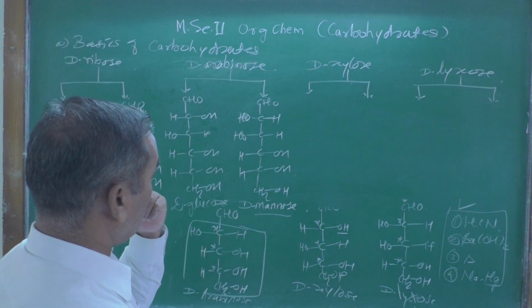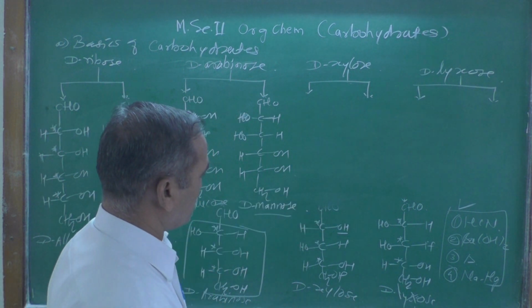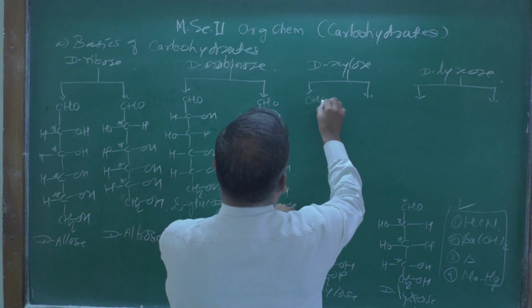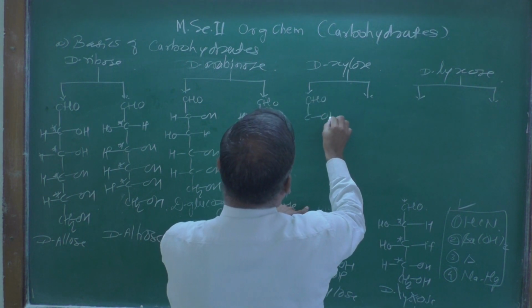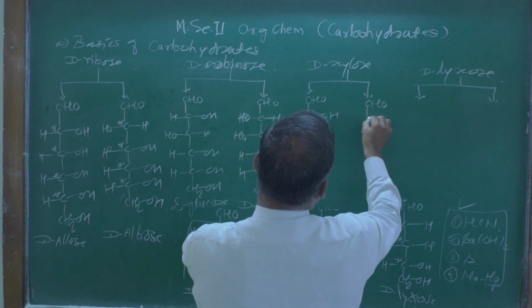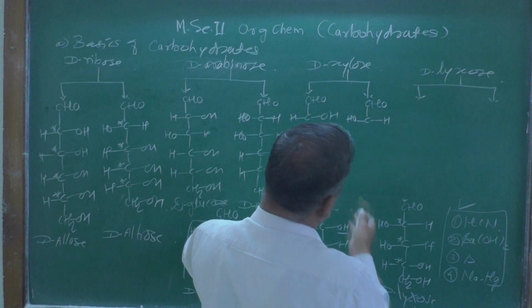Now from D-xylose, remember, this is the structure of D-xylose. As usual, you can write CHO, then C, put the hydroxy group on the right hand side. In the second case, you write that hydroxy group on the left hand side.